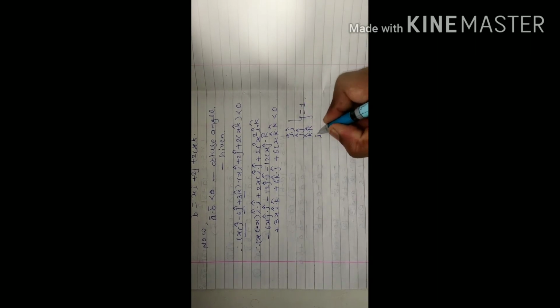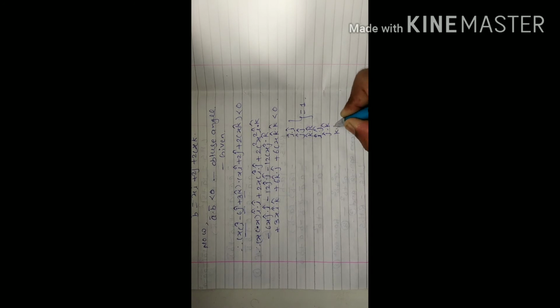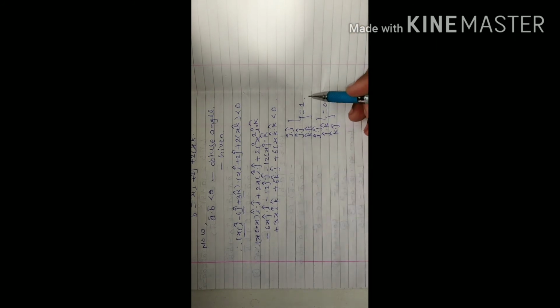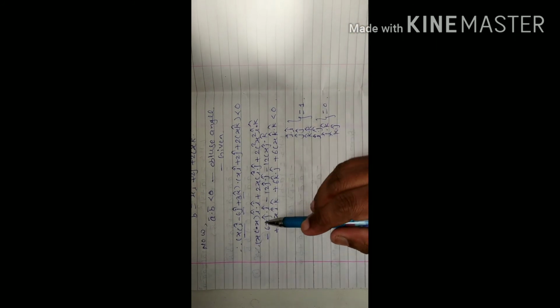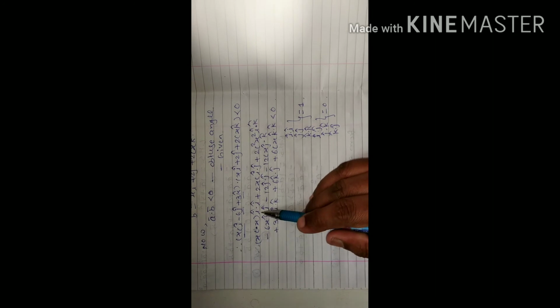And if we take different ones, i cap dot j cap, i cap dot k cap and k cap dot j cap, their values are 0. Put the values into the above equation.